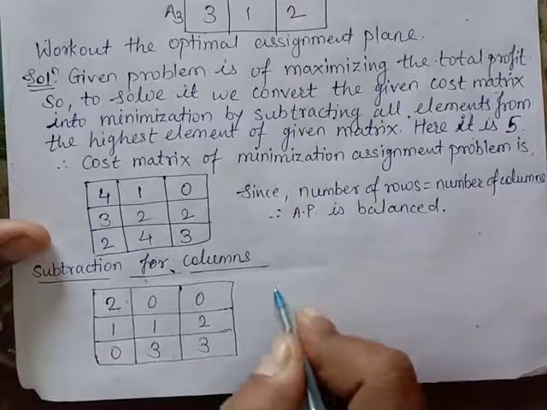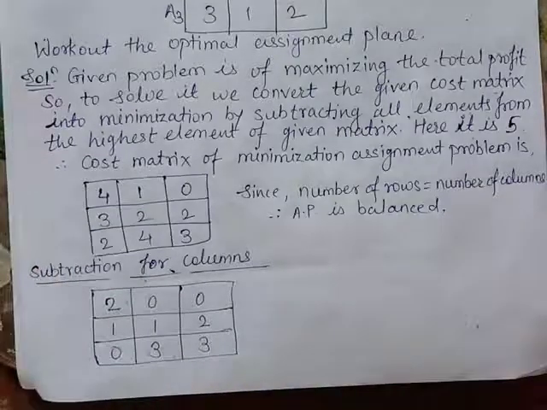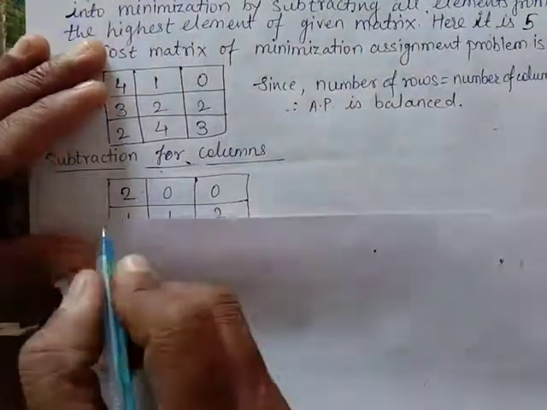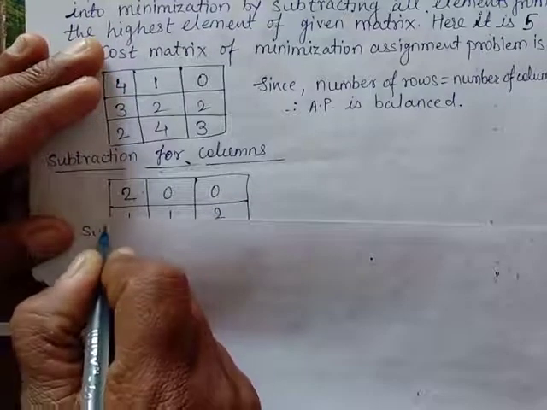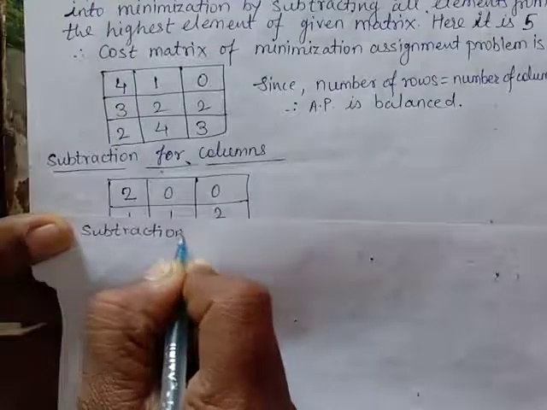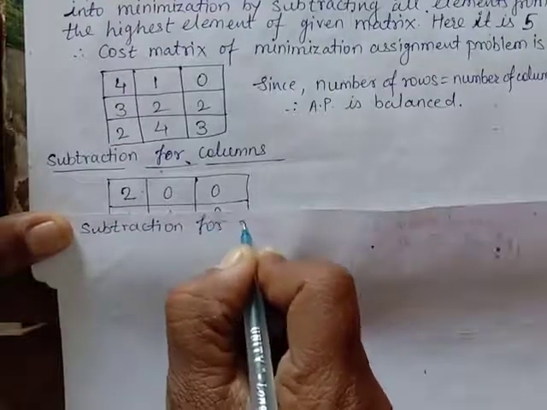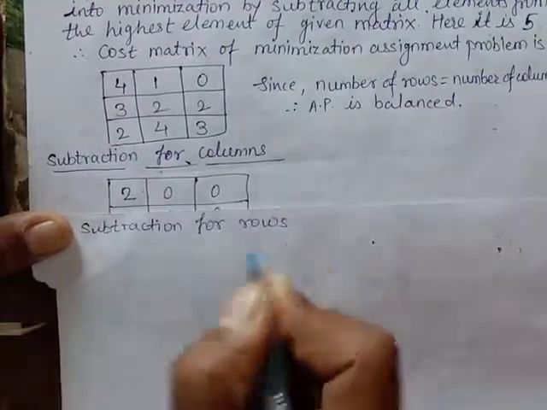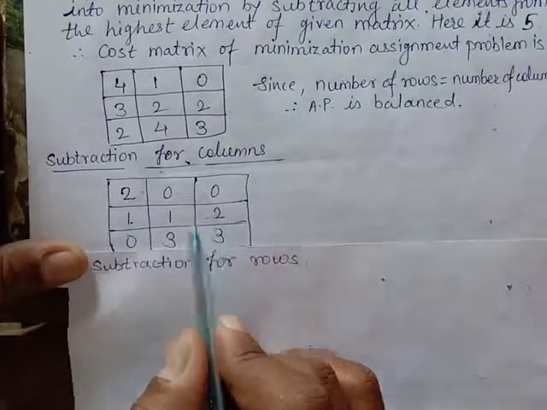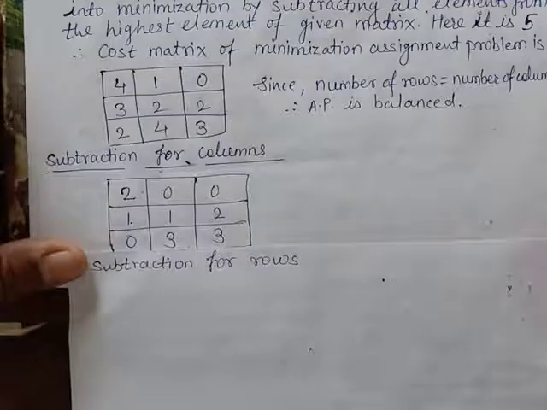Now later on, let's do subtraction for rows. Because the second row doesn't have a 0, we need to do it.